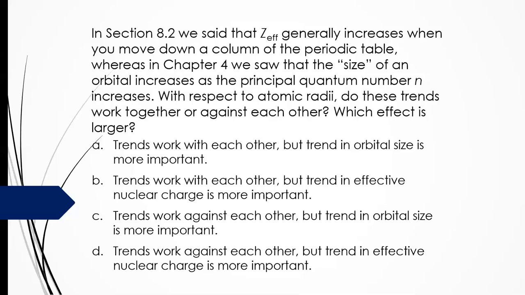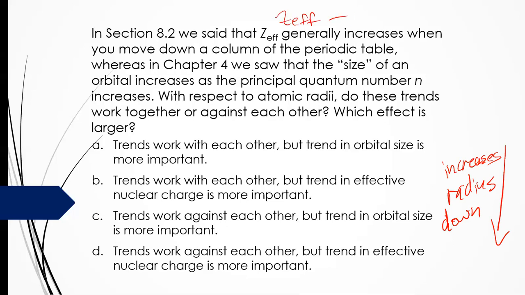Because we know that our radius increases as we go down, these two things should be working against each other. Higher Z effective should lead to a smaller radius. So we know that they're not working together, but they are working against each other.